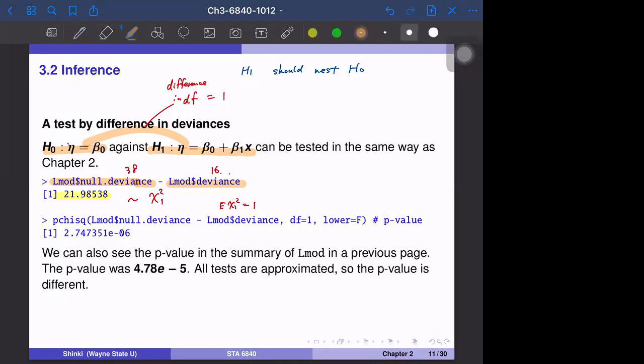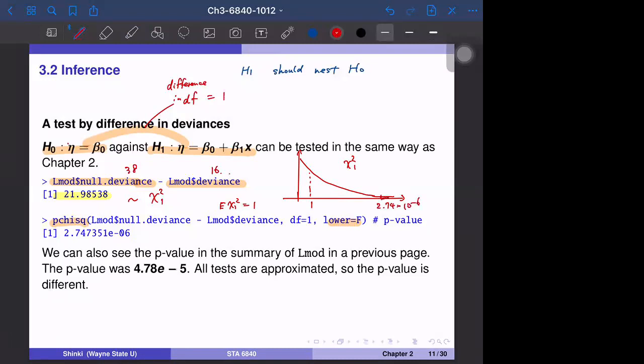We calculate with the pchisq function the difference in deviance, 21.98, and df 1, and we calculate the upper tail probability. Again, we have the chi-square distribution with df 1, which has this kind of density. 1 is maybe around here, and our difference in deviance is far out in the tail. The p-value is 2.74 times 10 to the power negative 6.